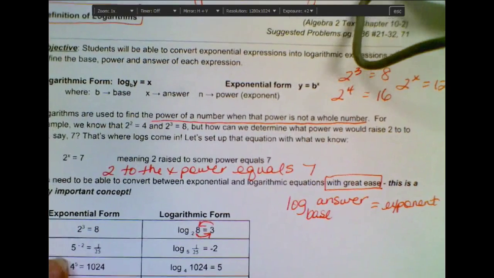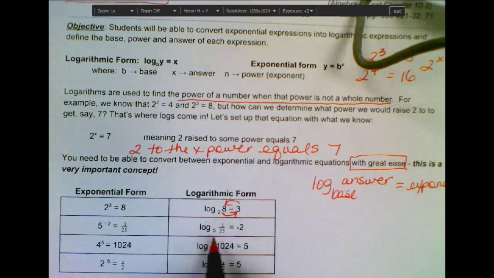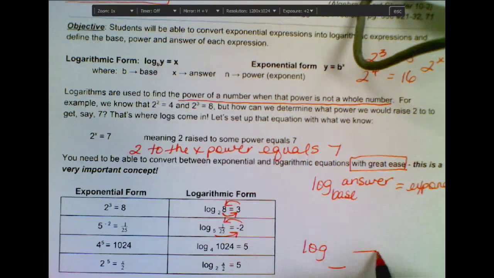Okay? So, 5 to the negative second is 1 over 25. The way we write that as a logarithm is log 5, 1/25 equals negative 2. Again, tell yourself, 5 to the negative second equals 1 over 25. If you make yourself some blanks, it helps to fill in.